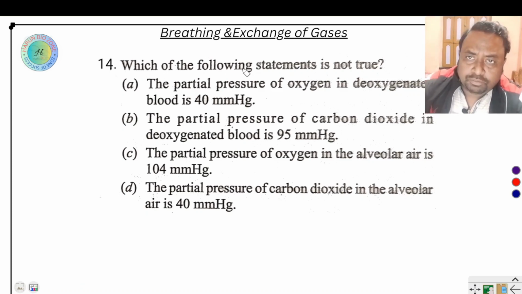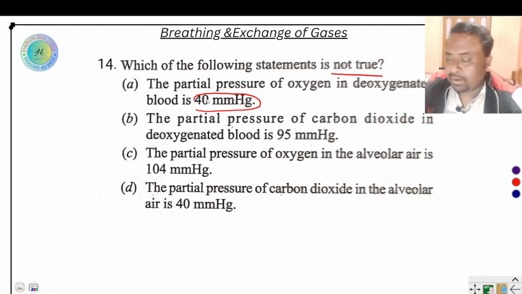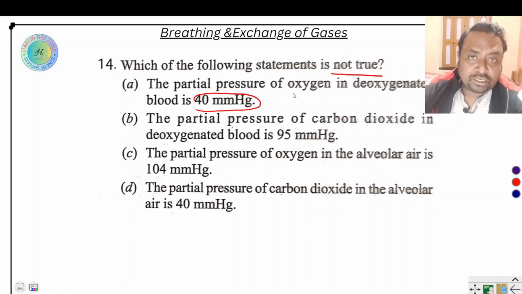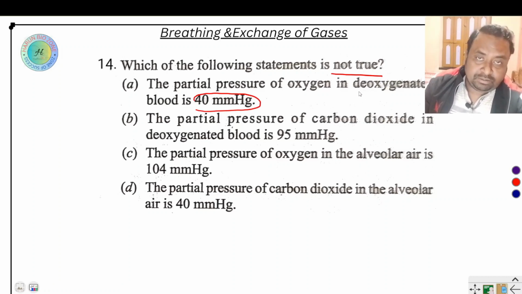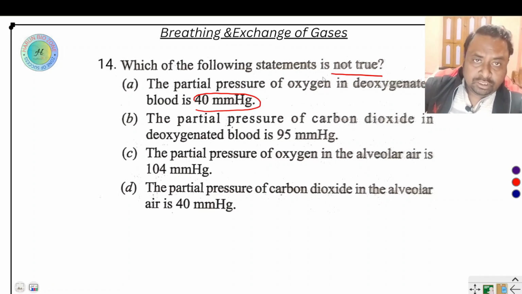Next question: which of the following statements is not true? The partial pressure of oxygen in deoxygenated blood is 40 mmHg. The partial pressure of carbon dioxide in deoxygenated blood is 95 mmHg. This is not true, this is the right option.